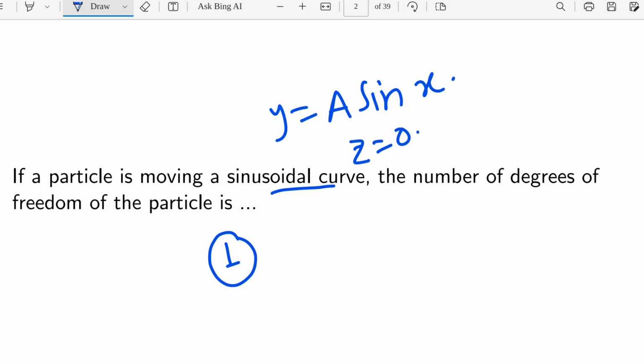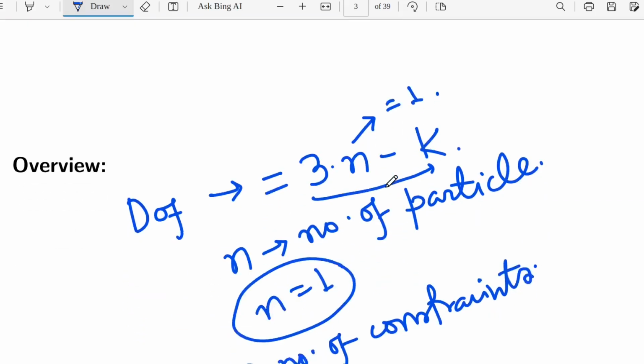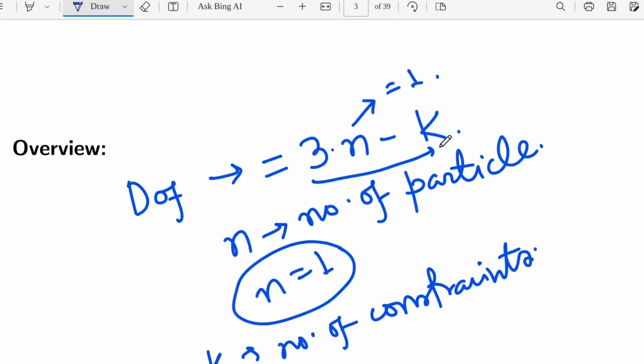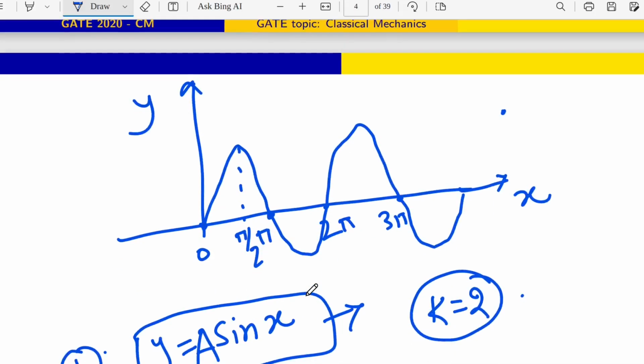It is only in a 2D curve and there is no non-zero value in the third dimension. With the help of these two constants as well as the number of particles, we can get the value of degrees of freedom, which is 3n minus k. In this case, n is 1 and k is 2, so the degrees of freedom is 1.